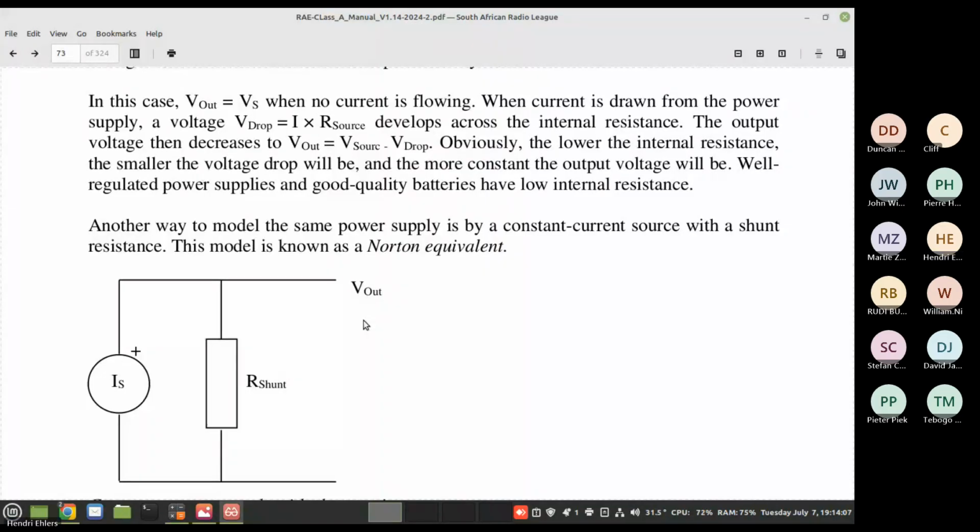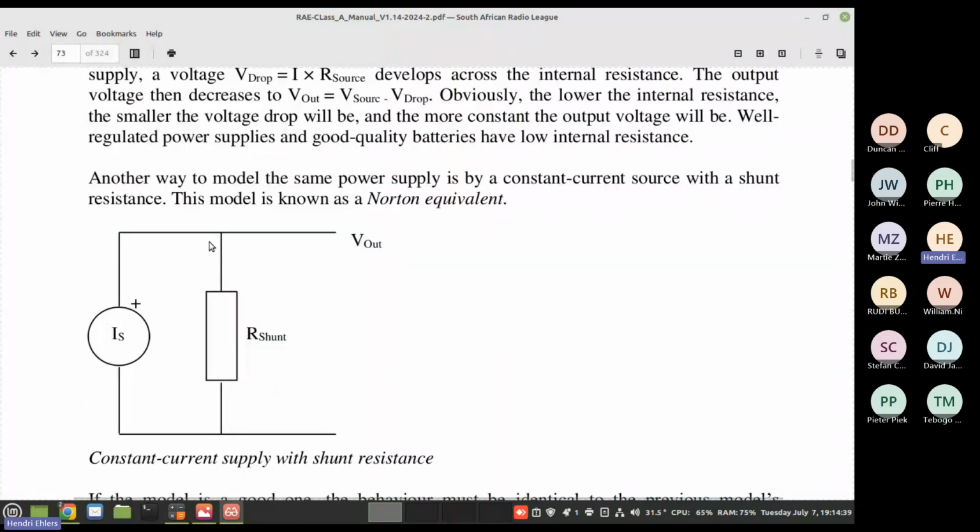Now, this setup that they use here to do voltage regulation, I have never seen a power supply like that, and I cannot see that it's got any use, because what you basically do is connect a shunt resistor that will draw an enormous amount of power from the power supply in order to keep the voltage constant.